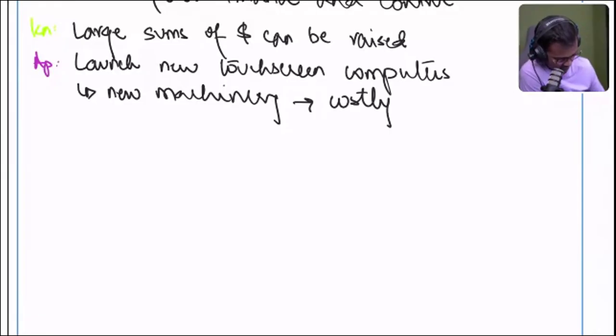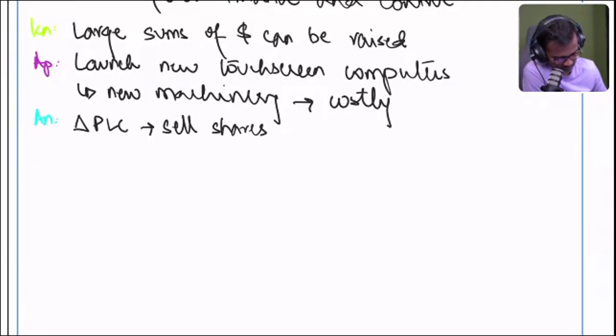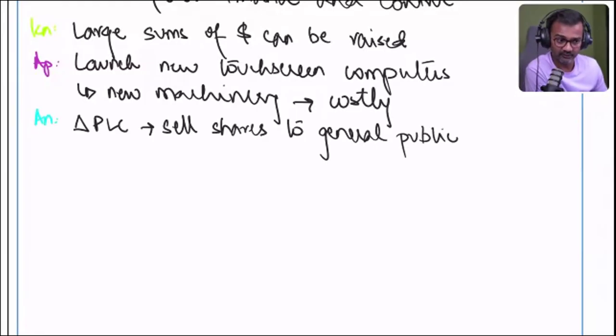And this is the application, this is the analysis, right? So if you change to a public limited company, you can sell shares to the general public. You have to refer to the general public in this one because that's really the big advantage that a public limited company has.